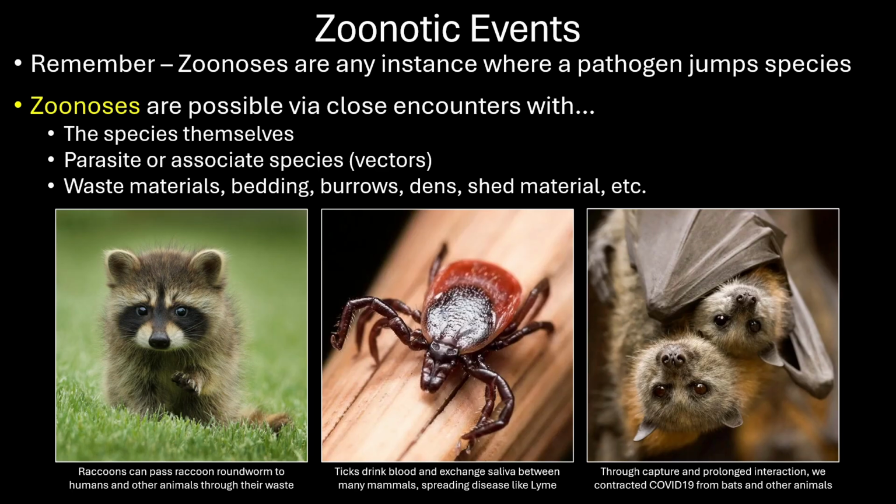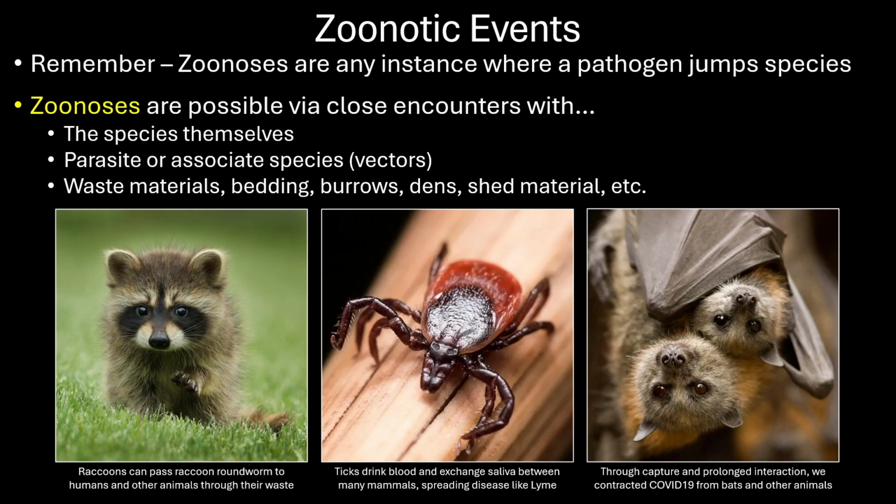Zoonoses are possible via close encounters with a variety of species or associate species, organisms that could carry the disease like a vector, or even the waste materials or bedding or burrows or dens of these species. A great example of that would be raccoon roundworm. So raccoons have a parasite that frequently occurs in them called raccoon roundworm.